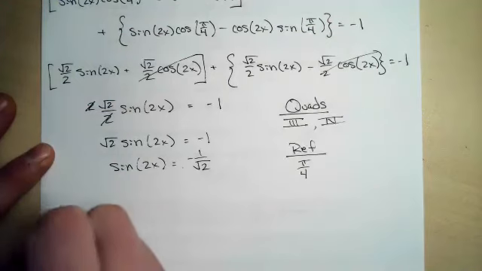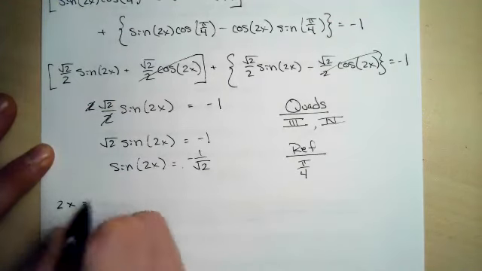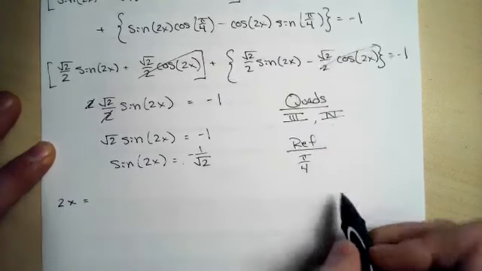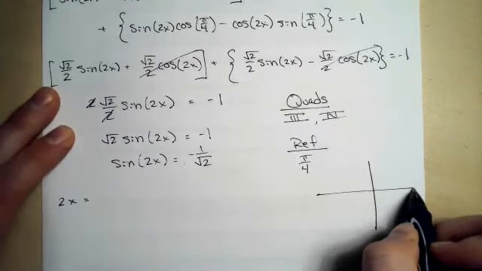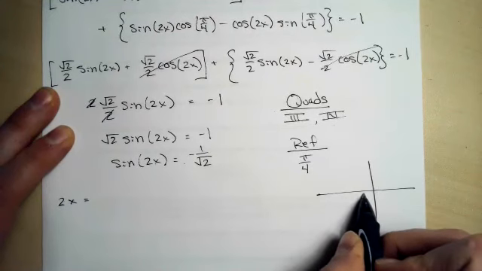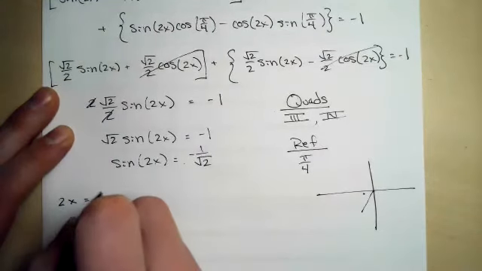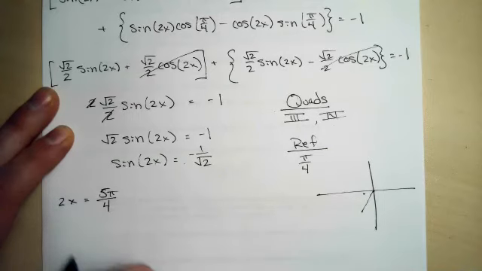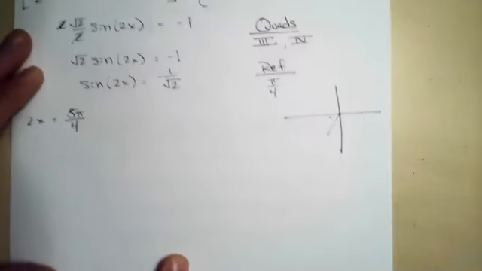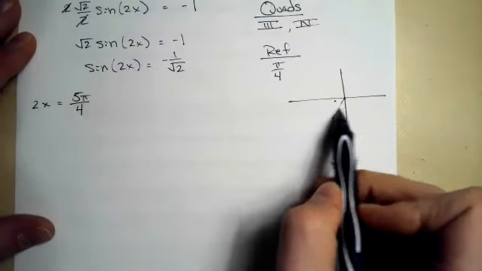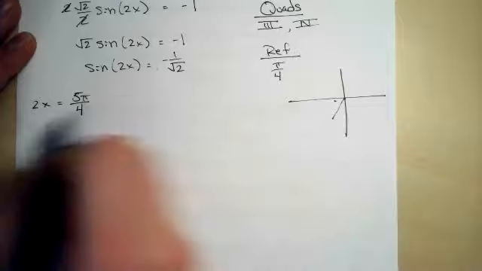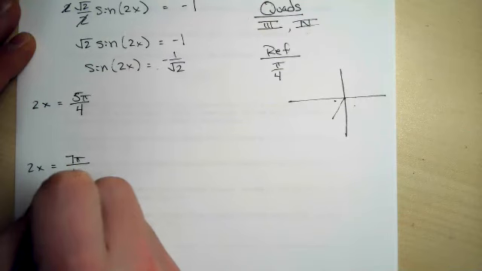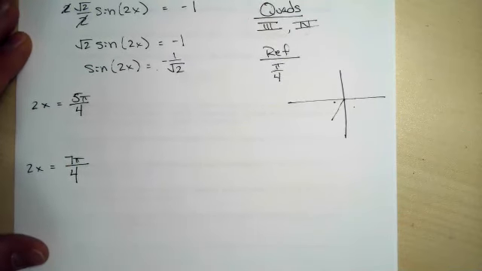So our solution now is we find that reference angle in those two quadrants. Quadrant 3, we go 4 pi over 4 plus 1 more, which gives us 5 pi over 4. Quadrant 4, we go 8 pi over 4 minus 1, so 7 pi over 4.